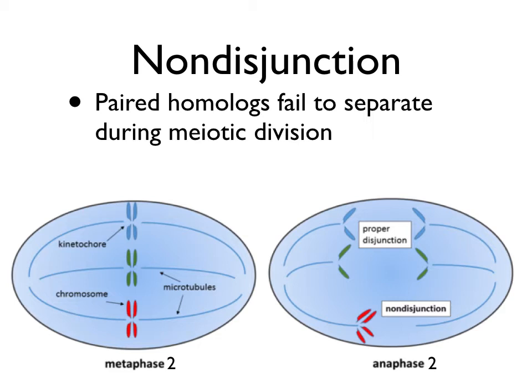Each of them has 1 copy of the blue chromosome, 1 of the green, but the left gamete is going to have 2 copies of the red chromosome. The right gamete has only 1 copy. Let's say both of those gametes fuse with another gamete and create a zygote. The one on the left is going to be trisomic for the red chromosome, right?